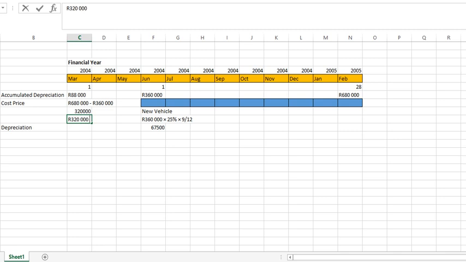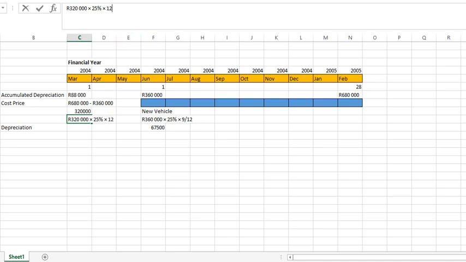We're going to depreciate it at the rate of 25%, and these older vehicles we held from the 1st of March 2004 up until the 28th of Feb.